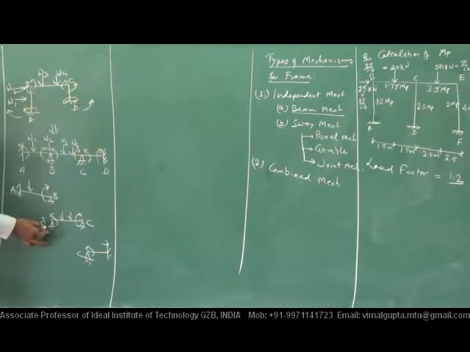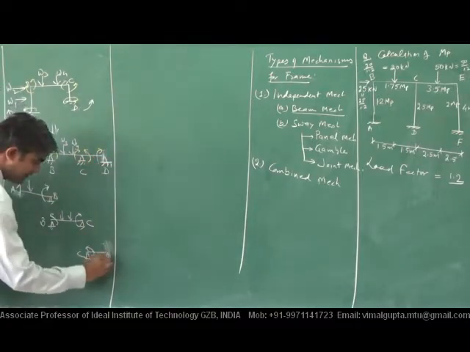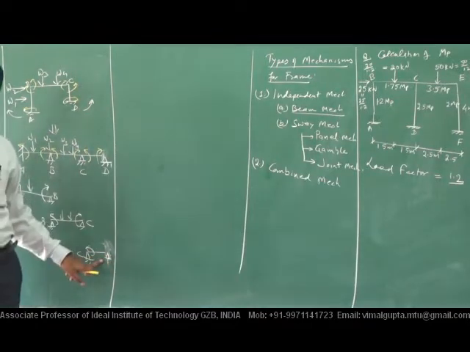This one is also not a normal hinge. It will be plastic because it has the moment. That one also, this one also. If this is the situation, then that hinge will be considered as a normal hinge.